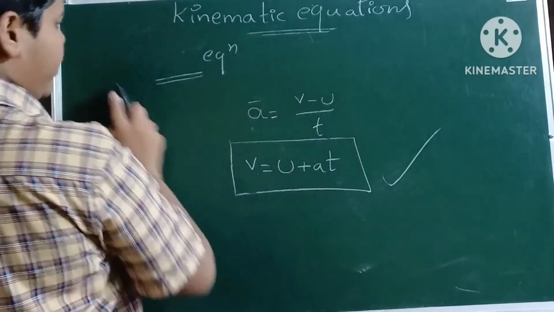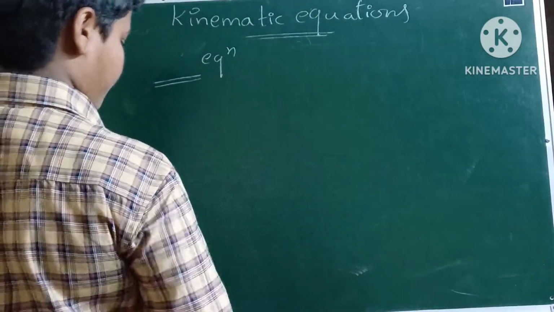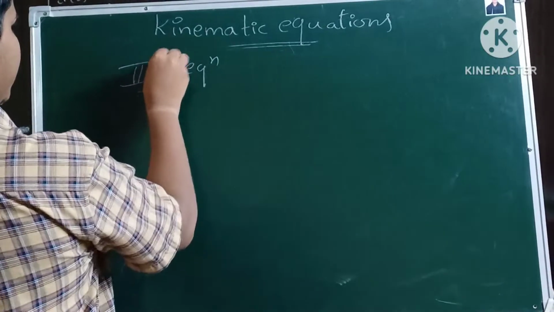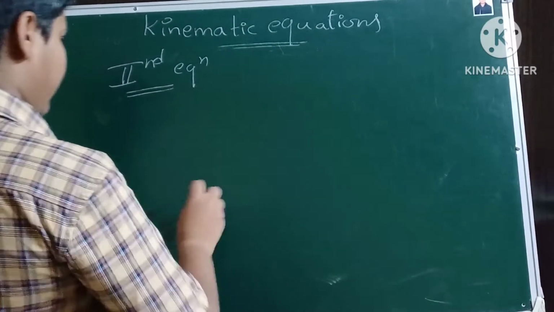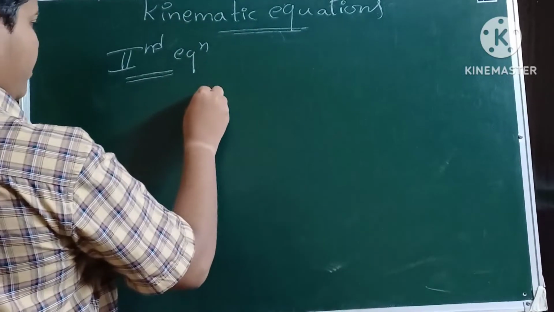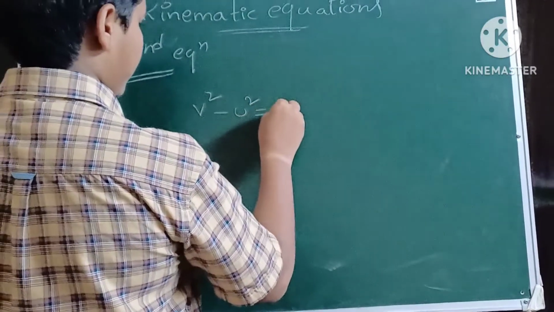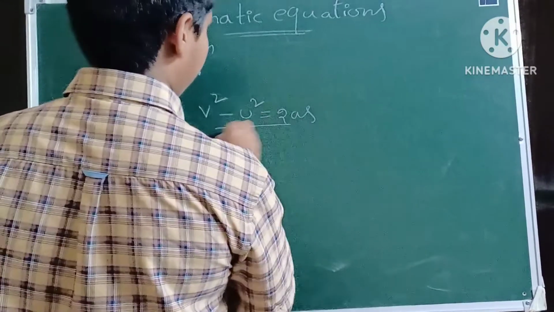And the second equation. What is the second equation? V square minus U square is equal to 2AS.